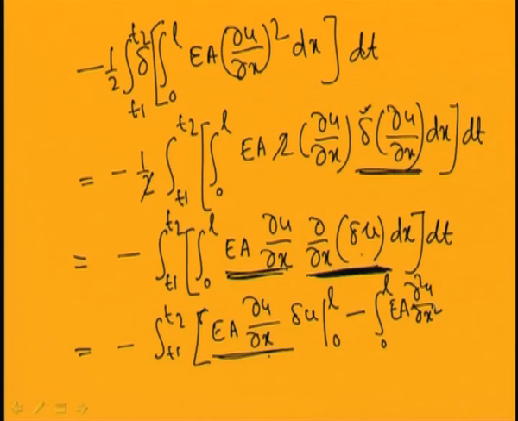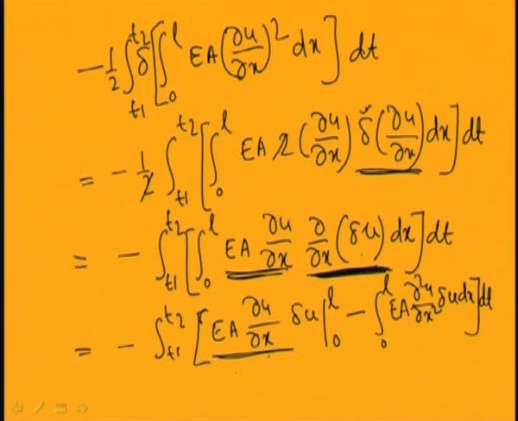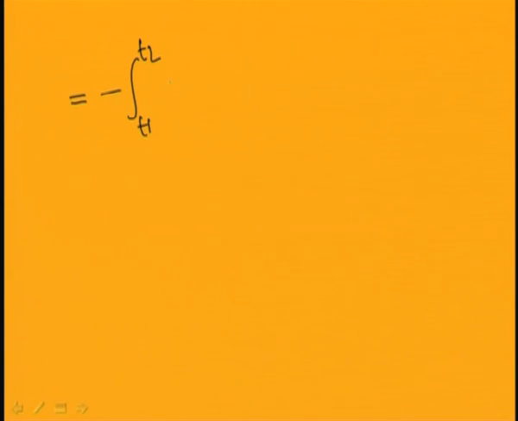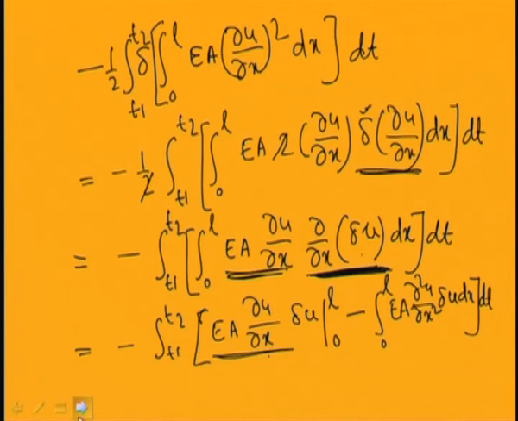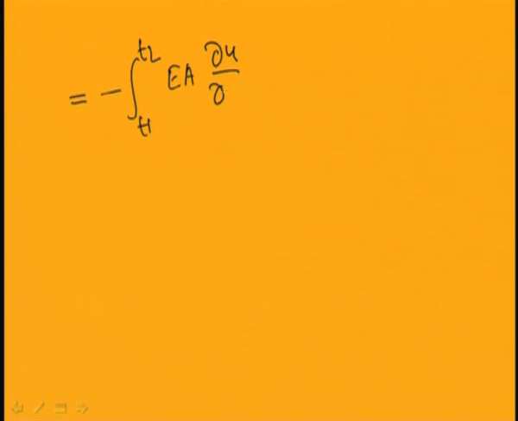If you are assuming E A to be constant, then it will be this, otherwise it will be del by del x of E A del u by del x into del u into dx into dt. So, this term can be written as minus integration T1 to T2 of E A del u by del x with boundary condition 0 to L, then minus plus I can put.